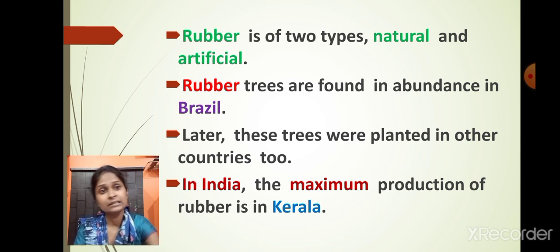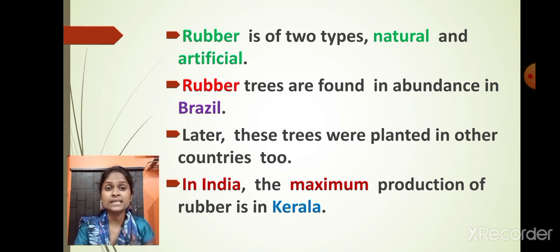But later on, these trees were planted in other countries as well. So right now in India, the maximum production of rubber is happening in Kerala. So Kerala is famous for the production of rubber.